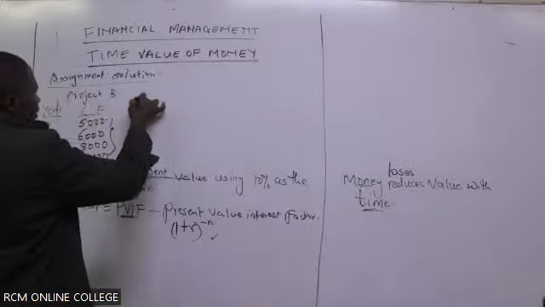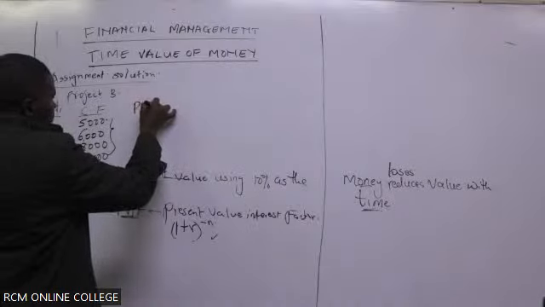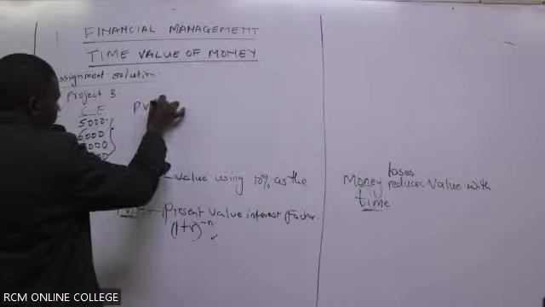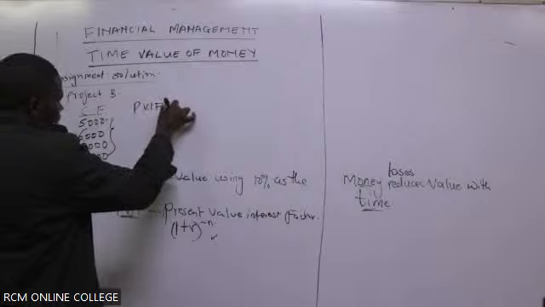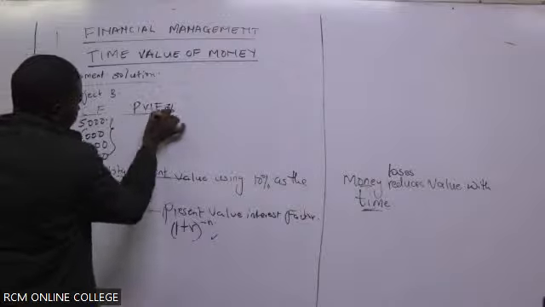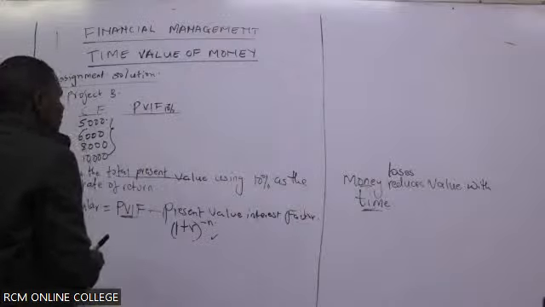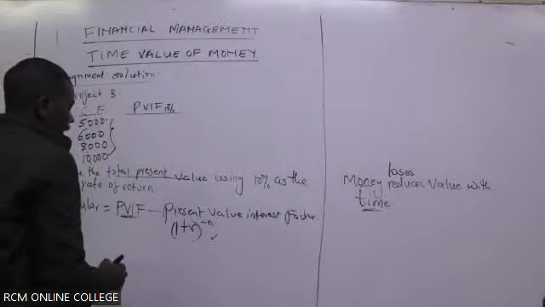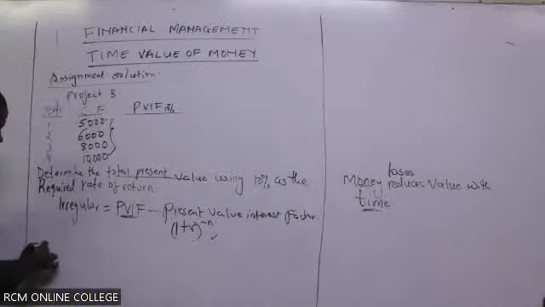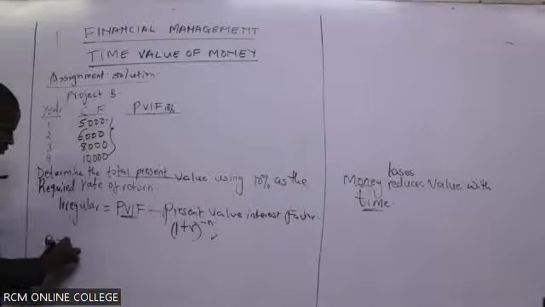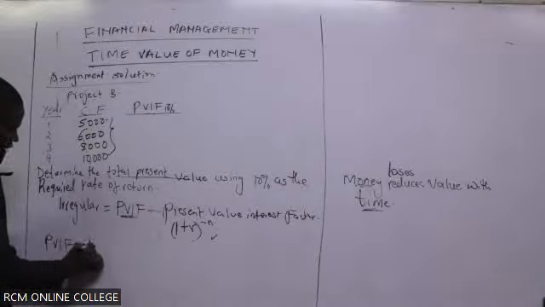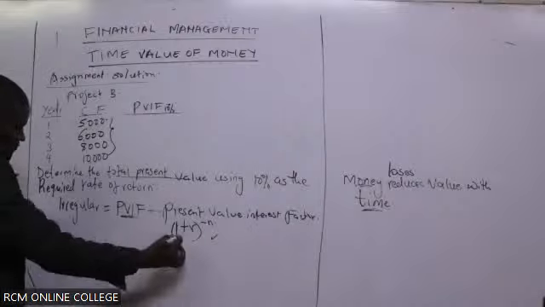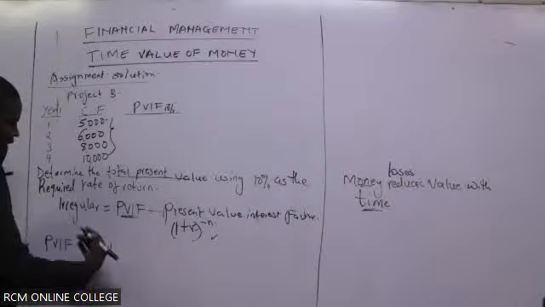In this case, if I want to discount this, I'm using 10%. The first thing I need to get is the PV of the first year. So it is 1 plus 0.1, that is my R. Remember, R is the required rate of return.